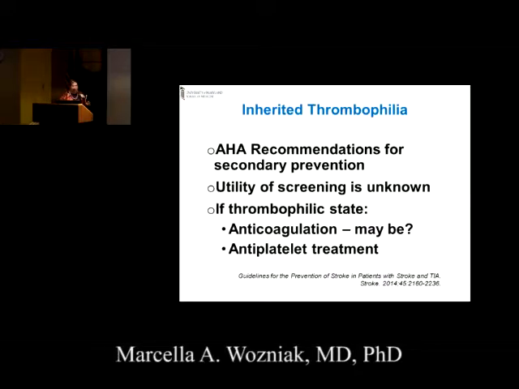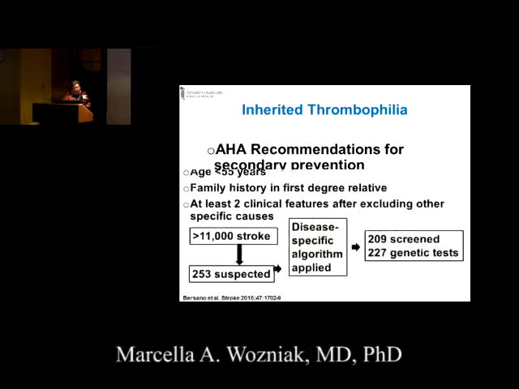Should we be anticoagulating them? We don't really know. There is no data showing that that's an advantage for these patients. In the limited studies we have, these seem to be equivalent unless there's some other evidence of thromboembolic disease. So we're actually recommending antiplatelet treatment. So knowing what they have, again, may not help you treatment-wise.